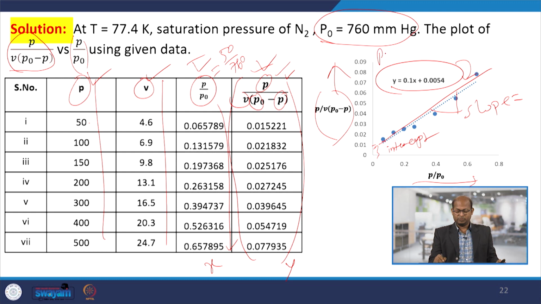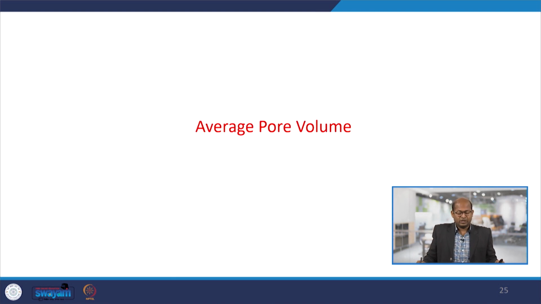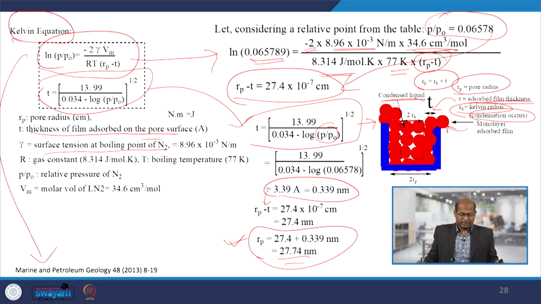Once we do the plot, this versus this, from the intercept and slope we can find the monolayer volume, this is the Vm. Once we know Vm, we can find out the total surface area, and once we know the total surface area, the specific surface area per unit gram of the catalyst we can find out. Similarly, we can find out the average pore volume and average pore radius also.